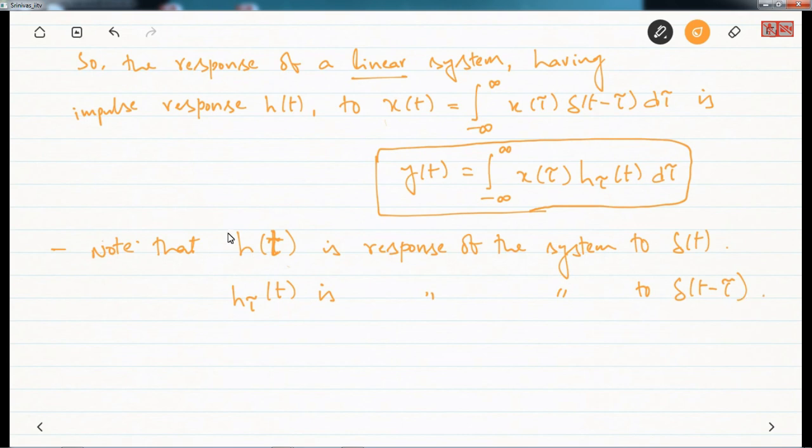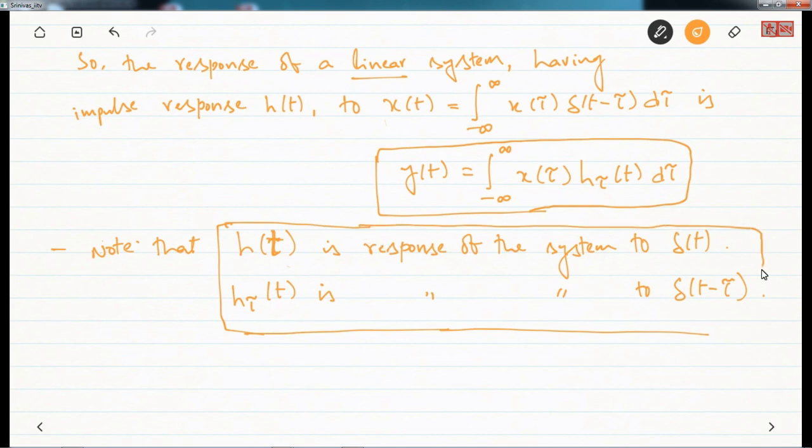So these two things are very important. Don't get confused between these two things. Okay, fine. So now with this background, let's go to another kind of system, which is a time invariant system.